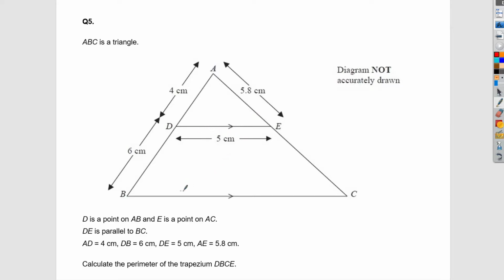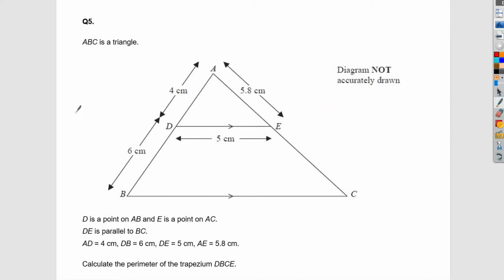DE is parallel to BC and AD is 4, DB is 6, DE is 5 and AE is 5.8. Then it goes, calculate the perimeter of the trapezium DBCE.